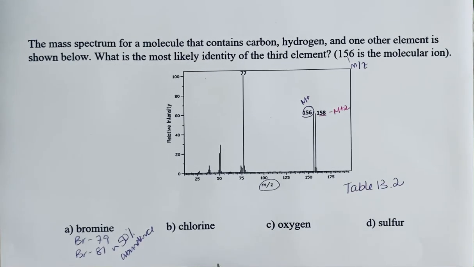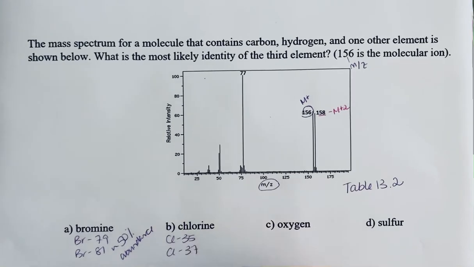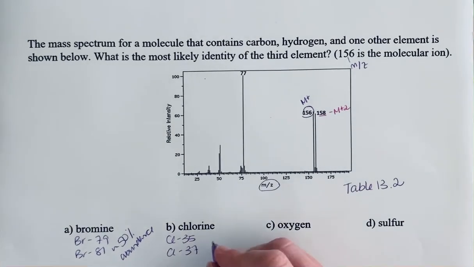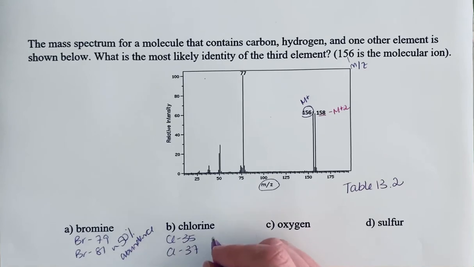If we take a look at chlorine in that same table, 13.3, we're going to find that we have chlorine 35 and chlorine 37, with somewhere around 75% of chlorine 35 and about 25% of chlorine 37.